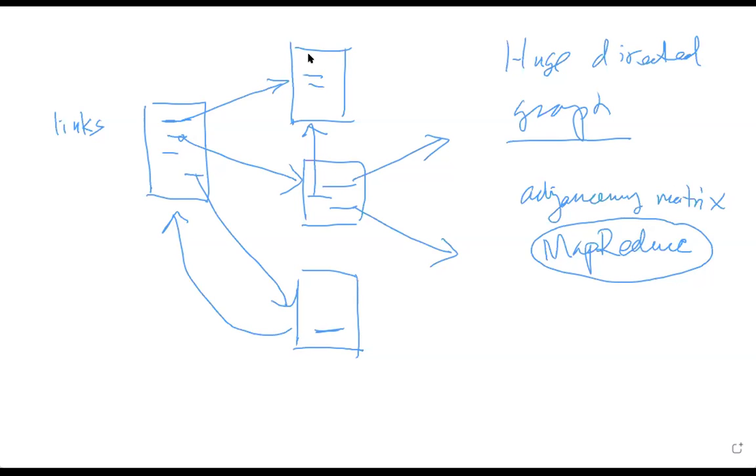On this huge directed graph, how can we determine whether one page is more important? By important, it means more popular than the others. That's our concern here. Now let me go back to the slides.